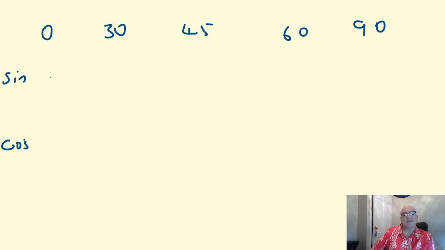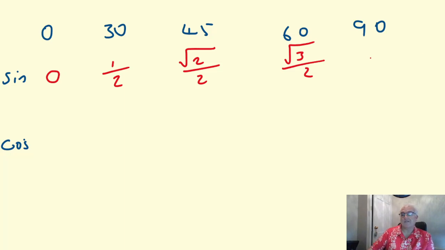So sine of 0 is 0, sine of 30 is 1/2, sine of 45 is root 2 over 2, sine of 60 is root 3 over 2, and sine of 90 is 1.